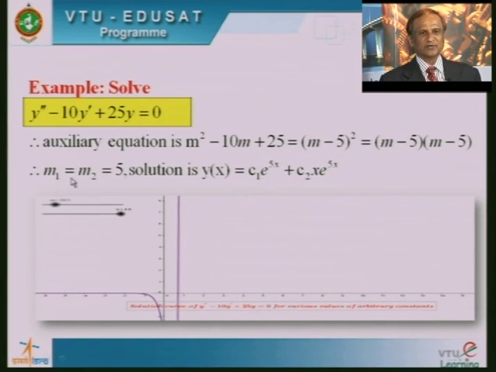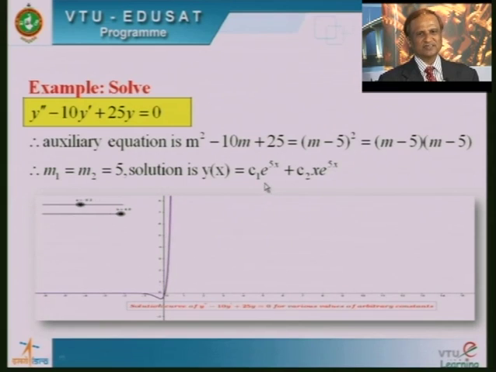It means you will get real and equal roots. That is why here I have written m1 is equal to m2 is equal to 5. So, all the roots are real and equal. In that case, how do we write down the solution? The solution can be written in this form: y of x is equal to c1 e to the power 5x plus c2 into x into e to the power 5x.